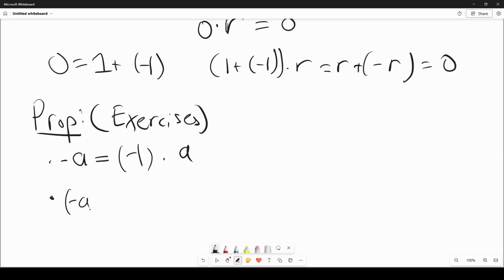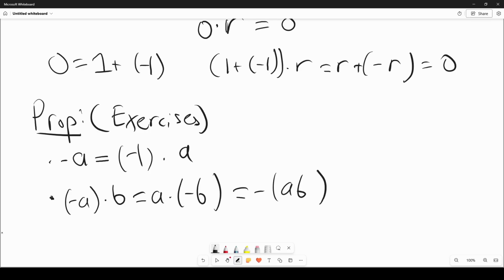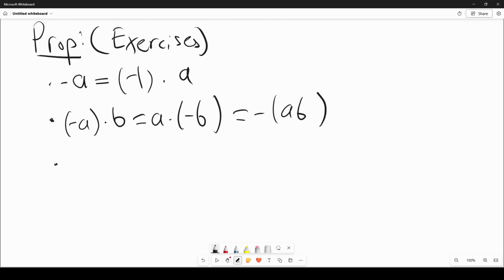Negative a times b is equal to a times negative b, which is equal to negative of a times b. And then finally, negative a times negative b equals ab. All this is just saying is that negative signs work out how you want. If you have two negative signs, you get a positive. If you have one negative sign, you can move it around, and so on and so forth.